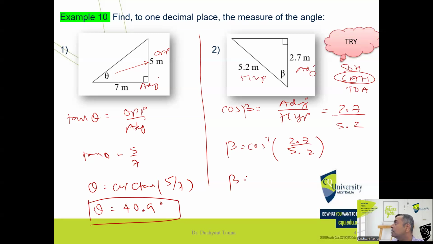What is the next one? Cos inverse of 2.7 over 5.2. 58.72.